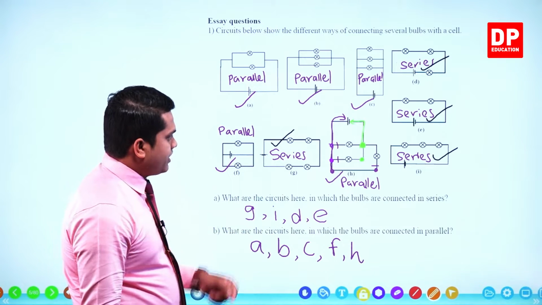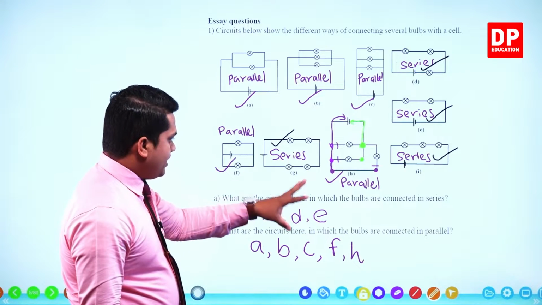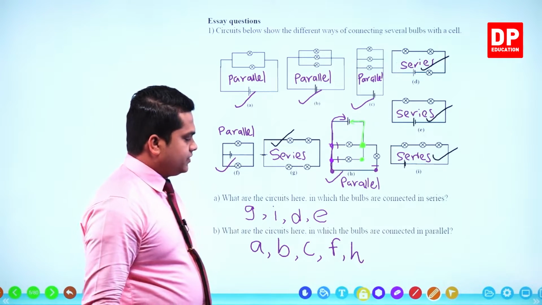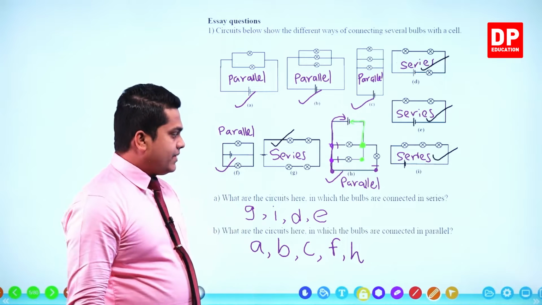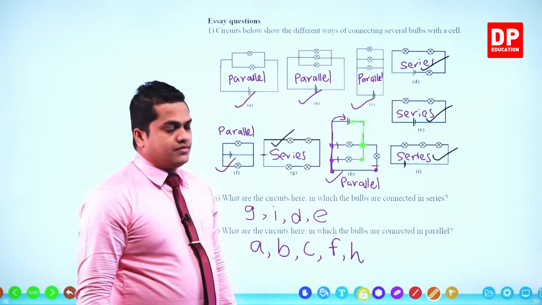A, B, C, F and H. Correct. So these are the parallel connected ones and series connected ones.